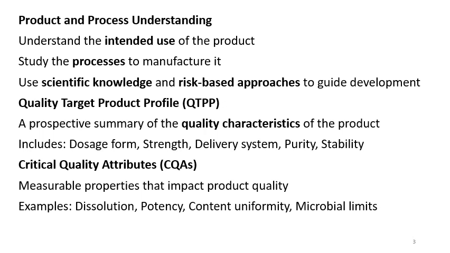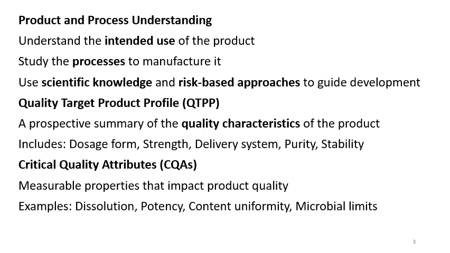First is product and process understanding. So we need to understand the product and its intended use. For pharmaceuticals, the intended use is indication, patient population, and required safety, quality, and efficacy.